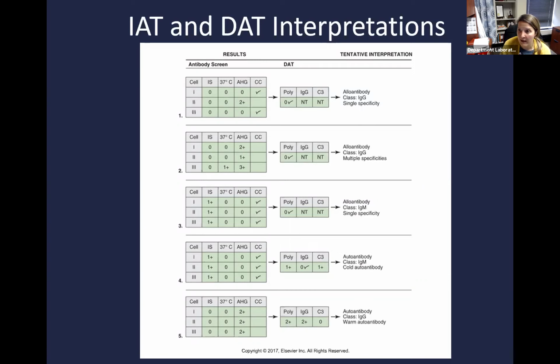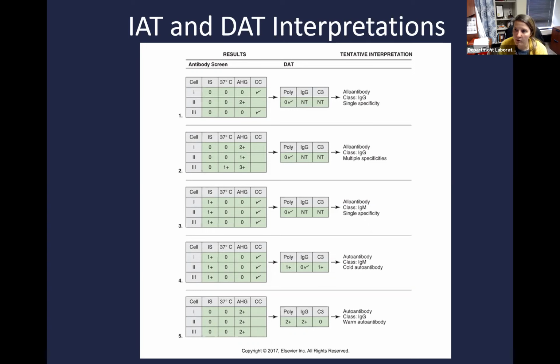We expect it to be an IgG classification because it is reacting at AHG. And so that would be a warm autoantibody because it's reacting at AHG and the DAT is positive. So this is how you can combine the IAT and the DAT to determine what type of antibody is present.